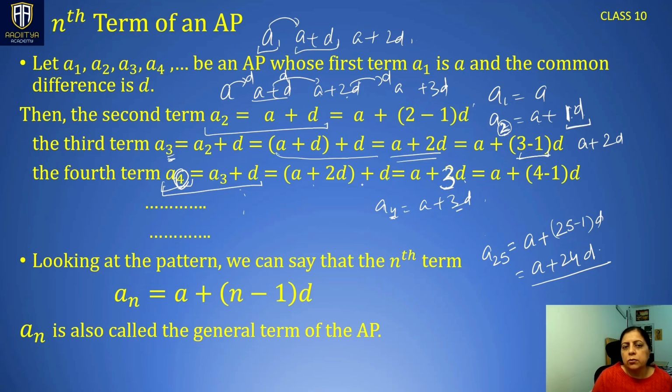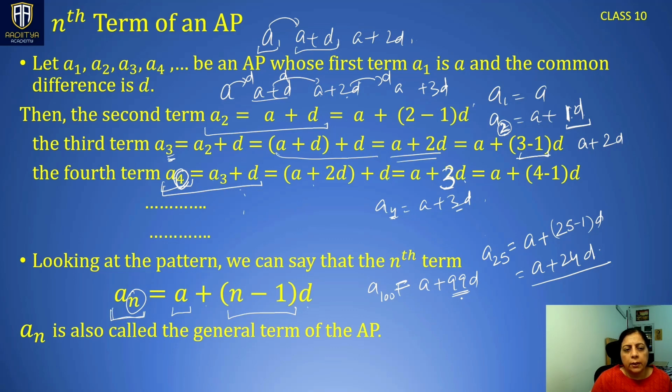So this is the pattern. By generalizing this, we can say that the general term is given by the nth term. Any term is equal to the first term added to one less than the number multiplied by d. That means if we are finding the 100th term, then the 100th term is given by the first term added to 99 times d.